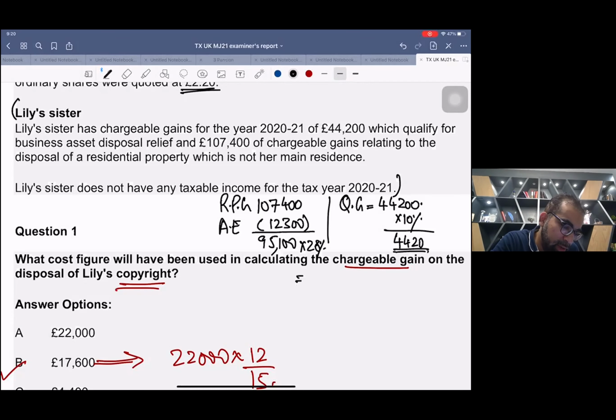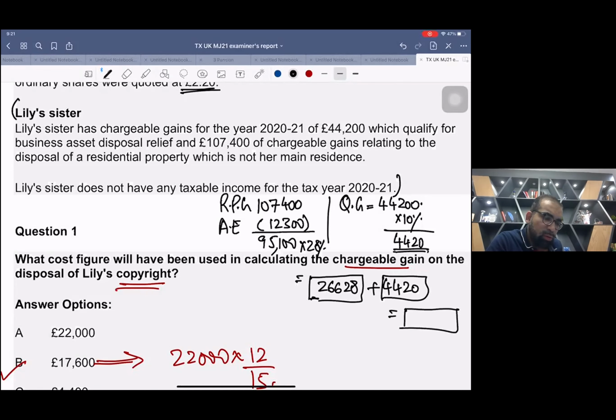So 95,100 at 28% is 26,628. This is for RPG, plus 4,420 for QG. How much is the total liability? 31,048. Did all of you complete this question yourself? At least you should. Otherwise, simple one answer: resignation.